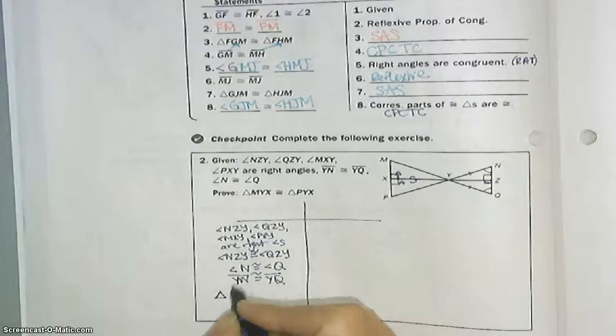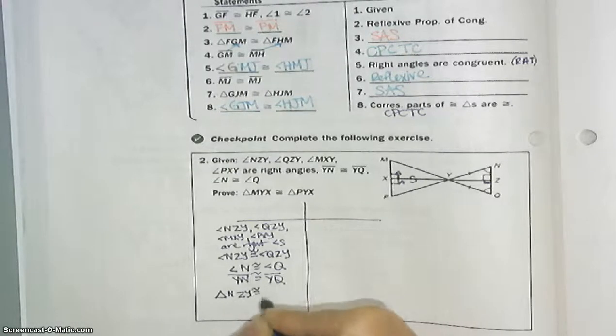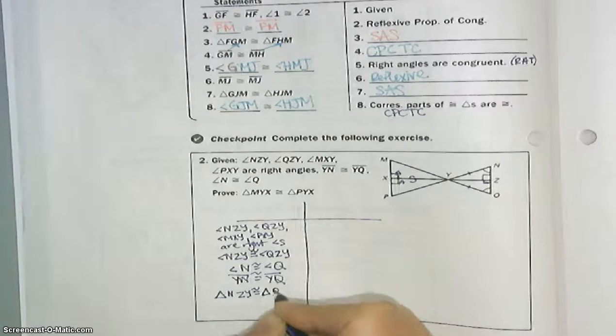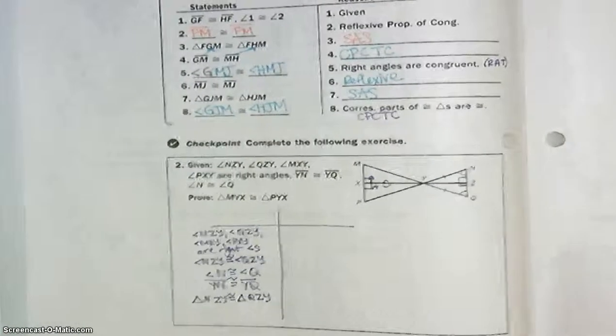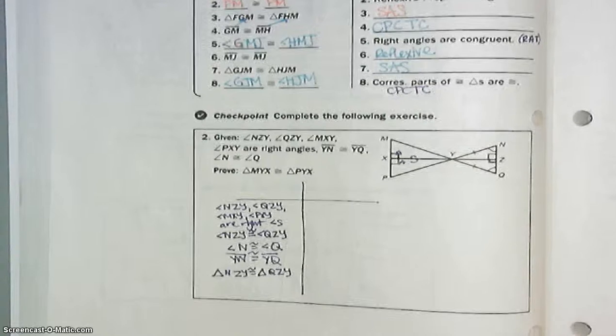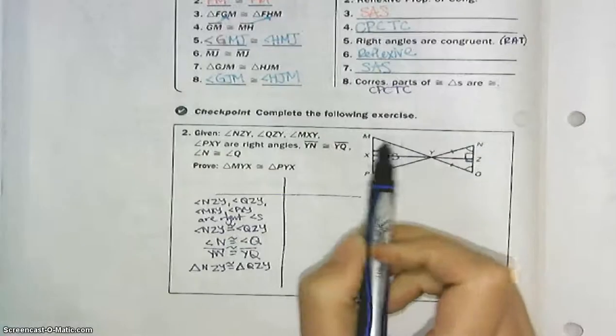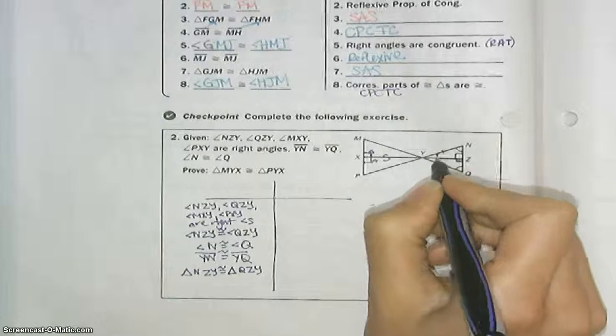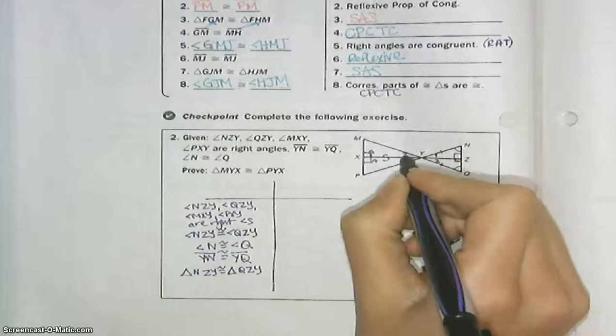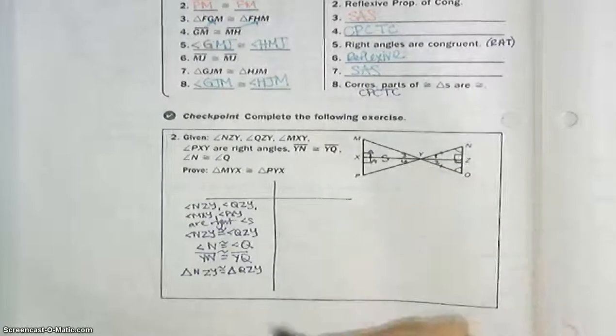So first I'm going to get these small triangles to be congruent. Then once the small triangles are congruent, that's going to help me get things over here. So I'm going to label these. I think you should probably do the same. Let's call this 1, 2, 3, and 4. I think that's going to help you.